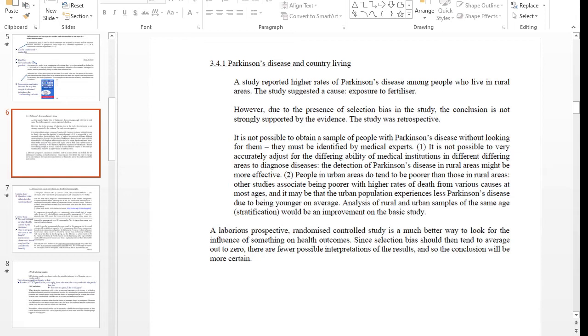But a laborious prospective randomized controlled study would be a way of looking for the influence of the setting, urban or rural, on health outcomes.